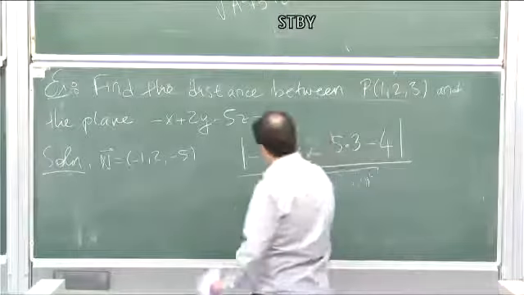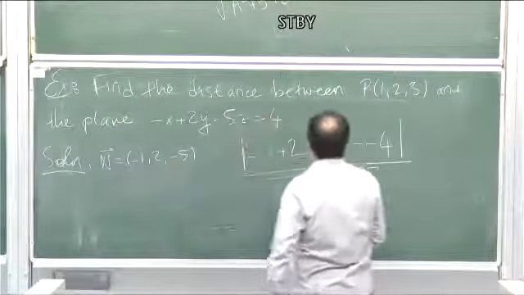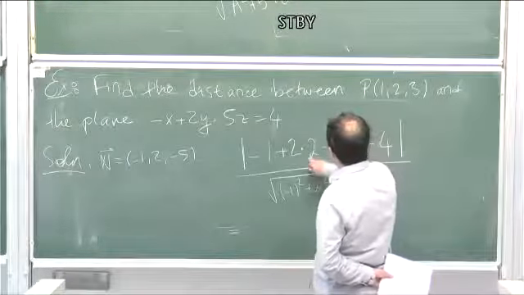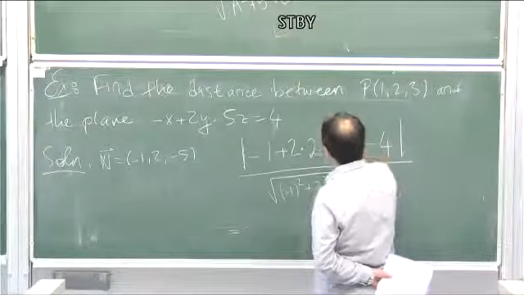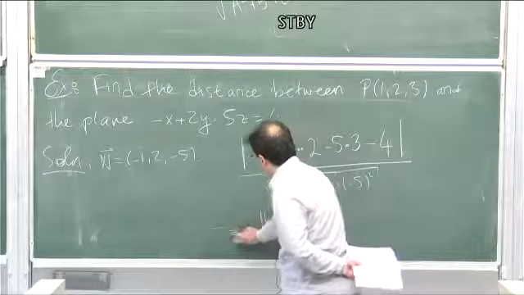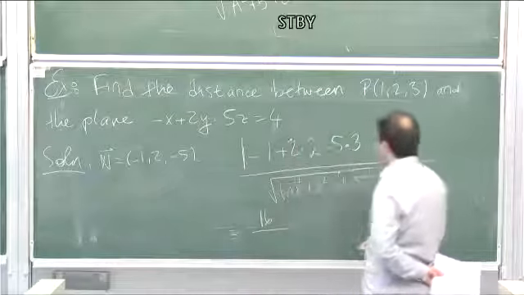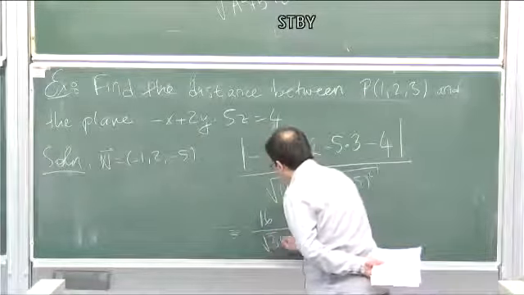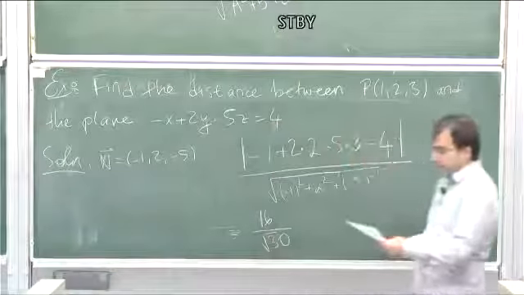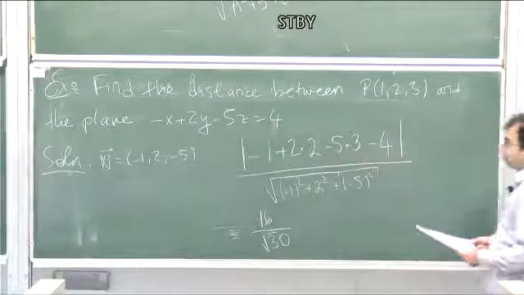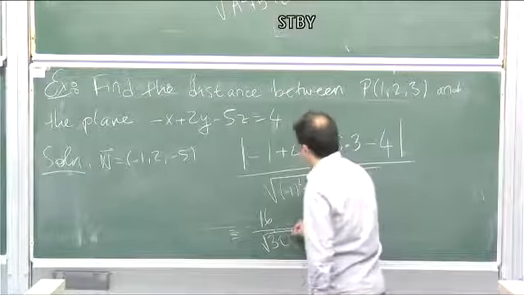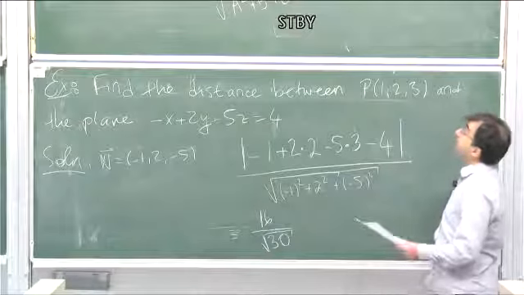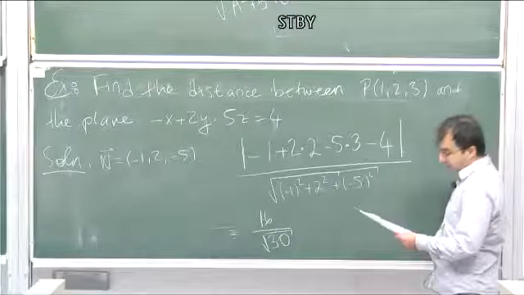This is 4 minus 4, 0, so we will have 16 divided by 25. The distance is 16 over square root 30. You see, very easy to find, and very easy to apply this formula.